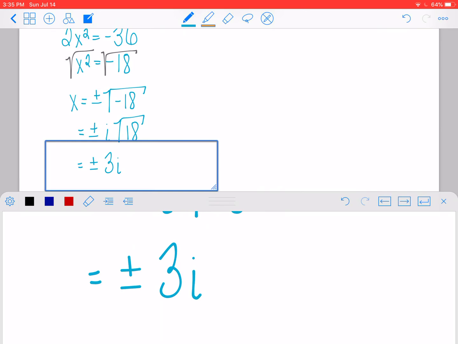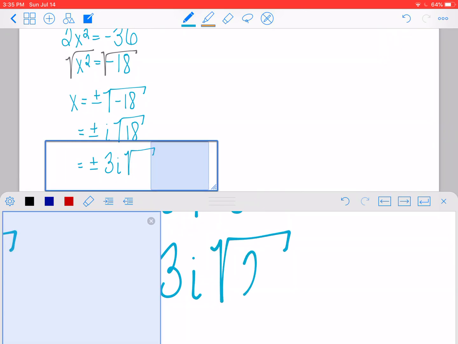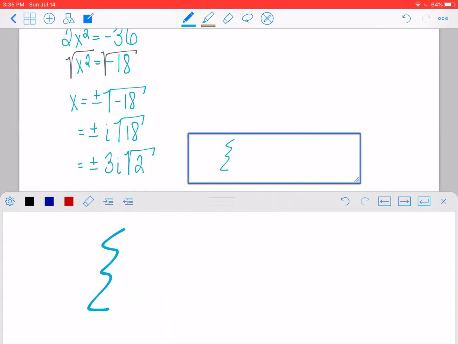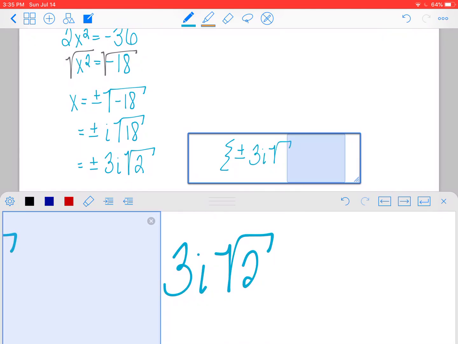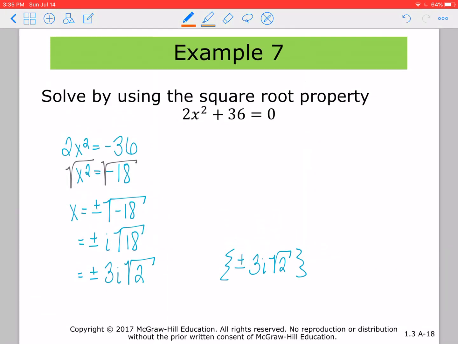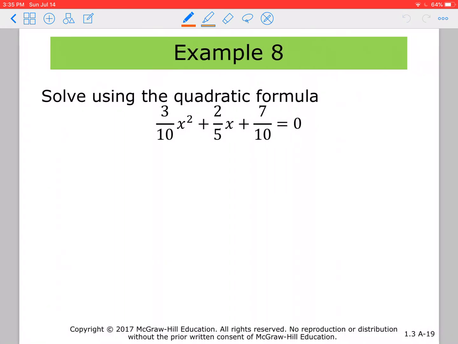Okay, example 8. Again, we're solving this equation, and we've got a fraction. Well, it'd be nice if we could get rid of those fractions, right? If we multiply everything, my tablet is thinking. It's not letting me write. Okay.